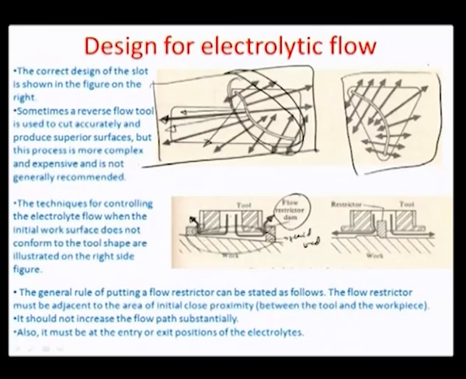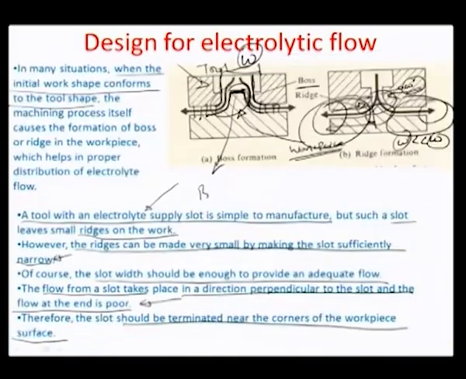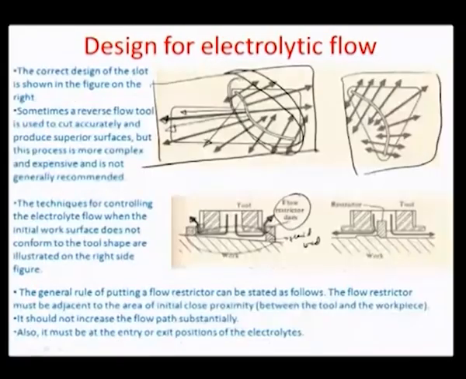You have just taken that slot which was earlier a straight edge or a combination of straight edges here, and have just introduced a small curvature. So when you introduce the curvature, you see that there is a coverage of the electrolyte, assuming that the electrolyte emanates perpendicularly to the slot, and it goes and covers the whole surface, okay.